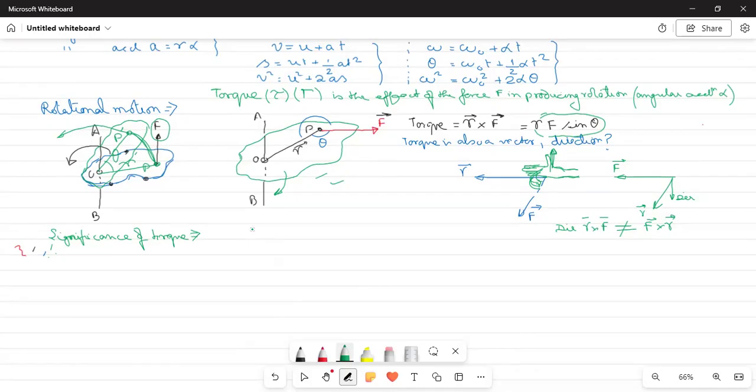What you will find normally is a simplified version. Say this is the lamina and this is the axis and this is the force applied. You will find this position vector R and force vector F there.